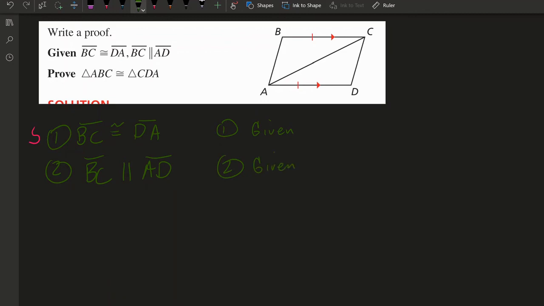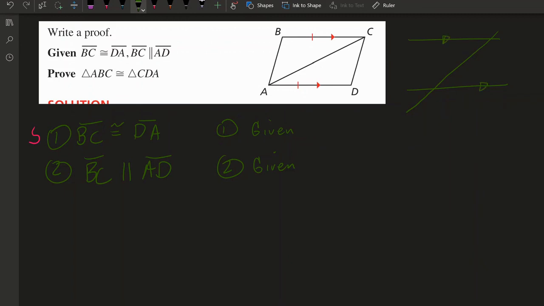Now, that doesn't prove that anything is congruent. However, I see BC is parallel to AD, and as soon as I see that it's parallel, I can start thinking of all of my parallel line vocabulary, all of those rules that I can use. So, just to see this better, I'm going to draw BC and AD off to the side, with that transversal cutting between them like that, and I know these are parallel.